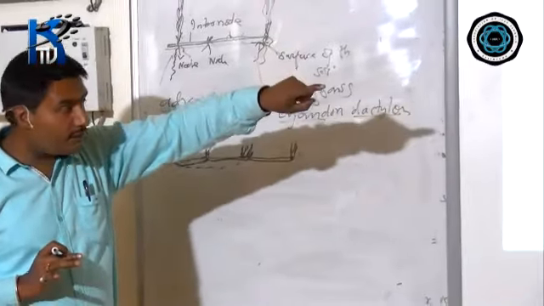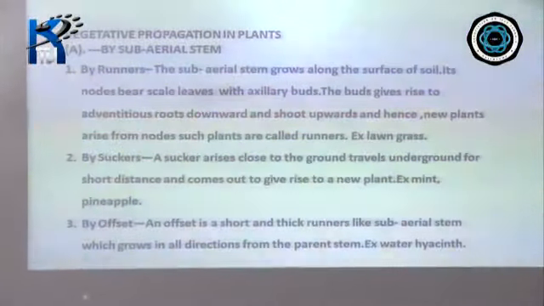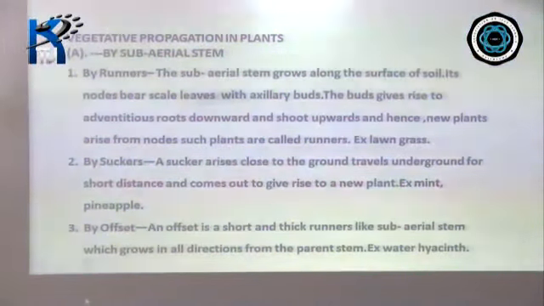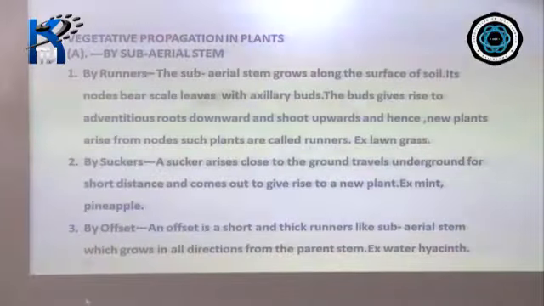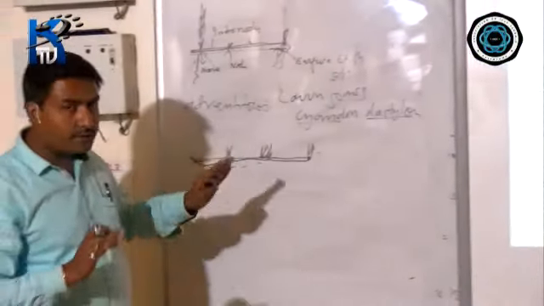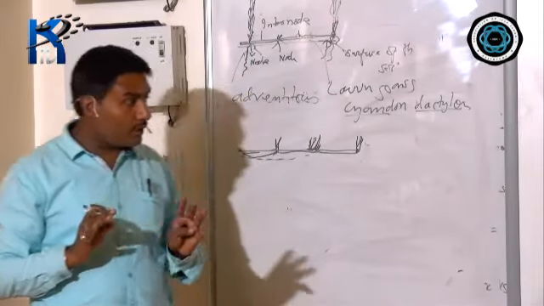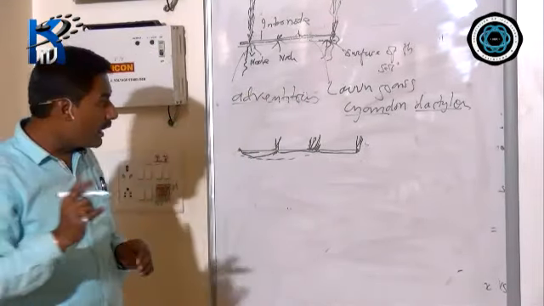The runner grows along the surface, and a sucker arises close to the ground and travels underground for a short distance. The upper one, the runner, is above, and the sucker is just below the soil surface, and it grows for a short distance. Example, where do you often observe this? In Mentha arvensis.